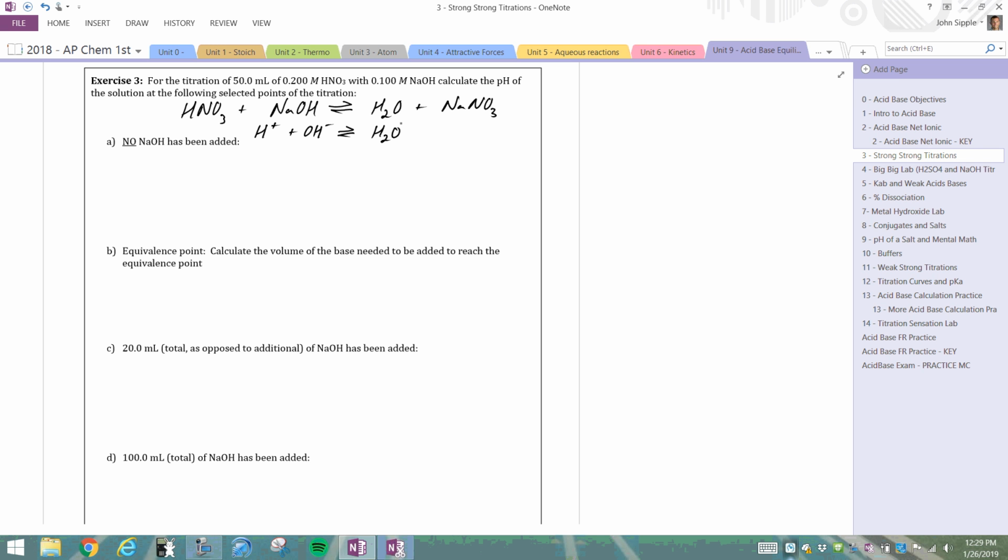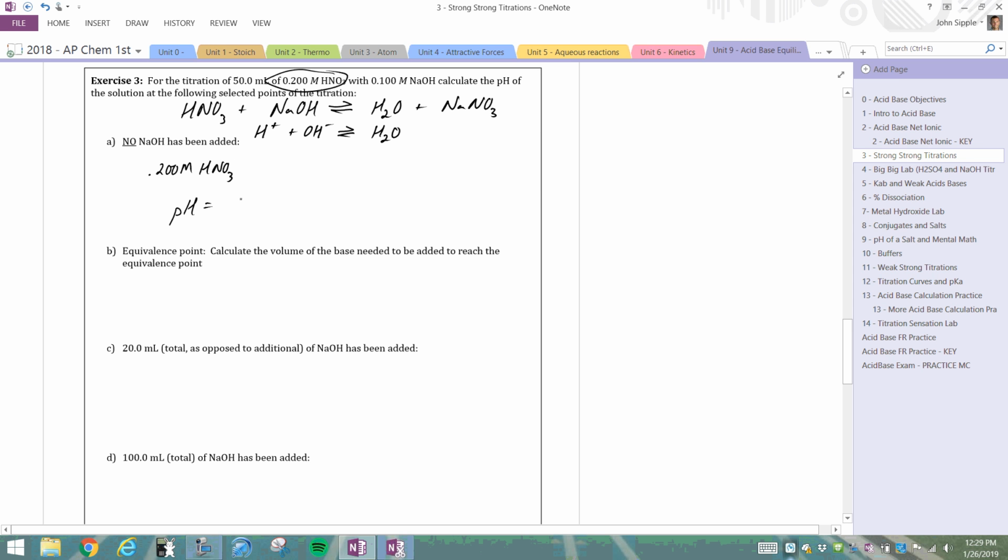Okay, first thing I want to know is what's the pH when no hydroxide has been added? That's easy enough. We know the concentration of our HNO3 is 0.200 molar. It's a strong acid.